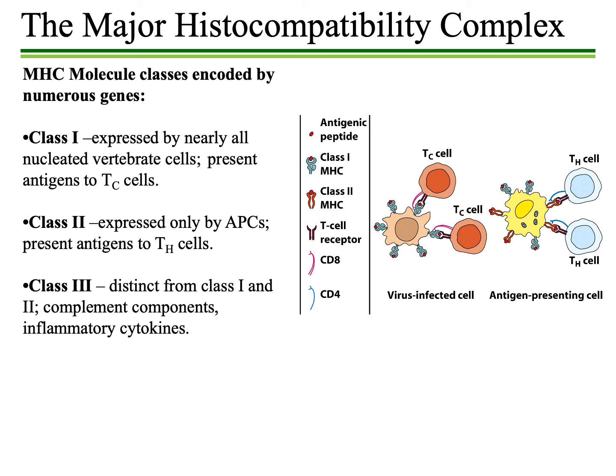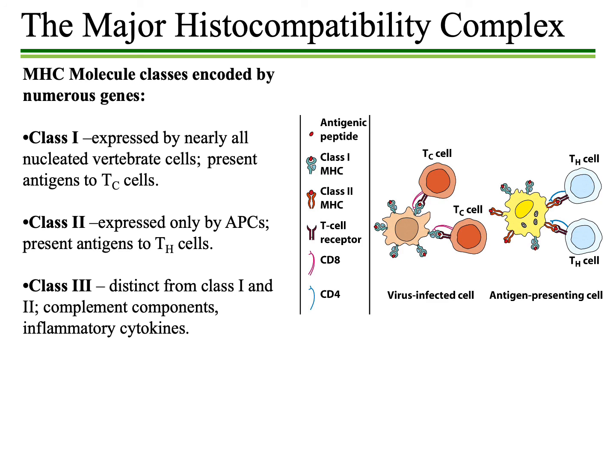So now we'll transition a little bit into talking about the major histocompatibility complex, or MHC molecule. Like I mentioned in the previous slide, there are in fact three classes of MHC: class 1, class 2, and class 3. Class 1 is expressed by nearly all nucleated vertebrate cells, and the job of the class 1 MHC is to present antigen to cytotoxic T cells.